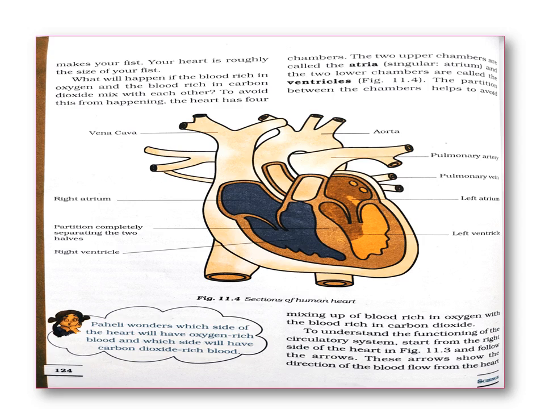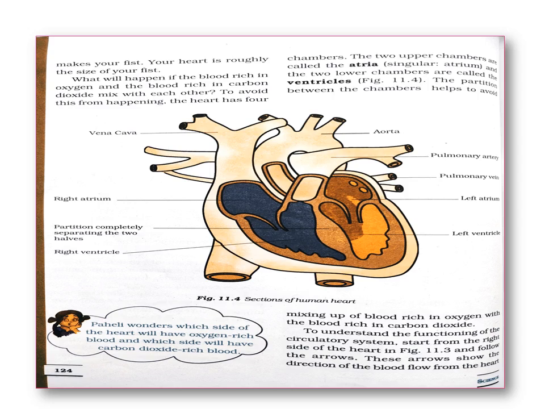The 2 upper chambers are called the atrium, and the 2 lower chambers are called the ventricles.